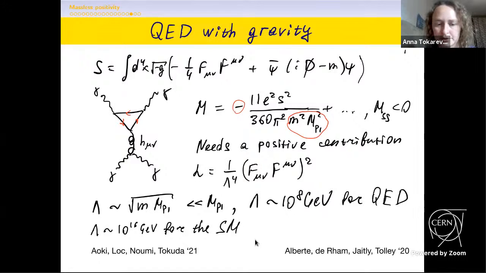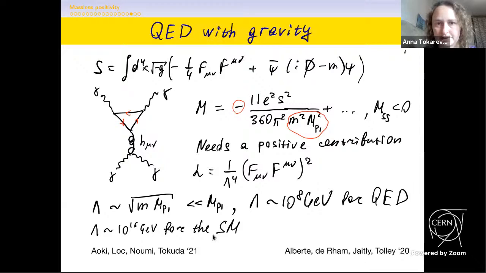For the pure standard model, similar considerations were done in the paper by Aoki, Naomi Takuda, Locke, and they obtained that the scale is somewhat higher. The scale where new physics should appear in the standard model is 10 to 16 GeV.